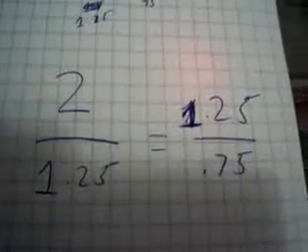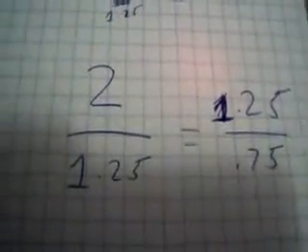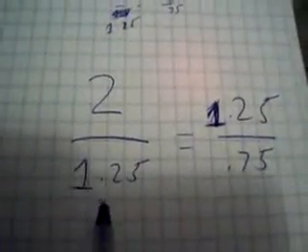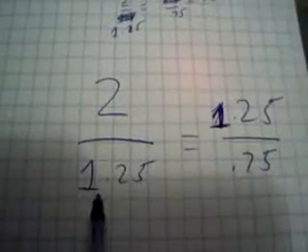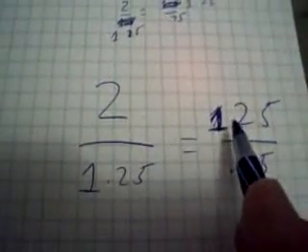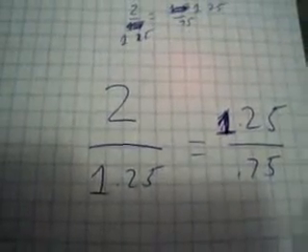Now I know you're saying, well, that when we calculate it out, it's not exactly the same. Technically, you're correct. Okay, if you divide 2 by 1.25, you're going to get 1.6. And if you divide 1.25 by 0.75, you'll get 1.66666, and so on and so forth.